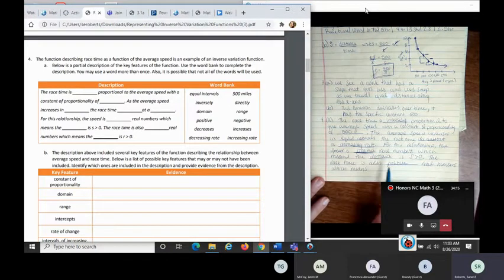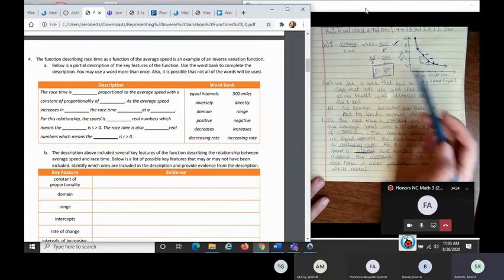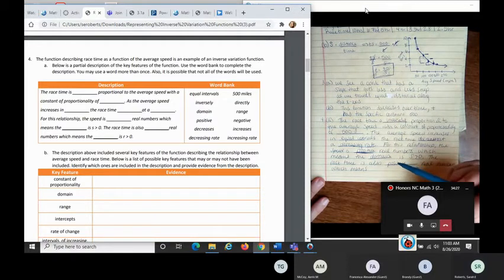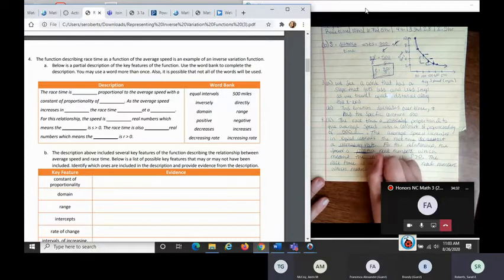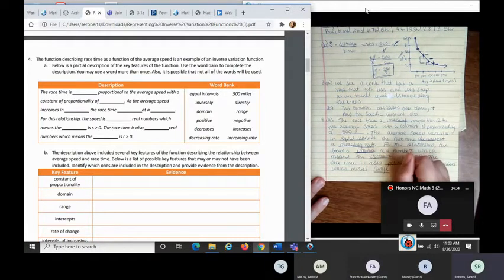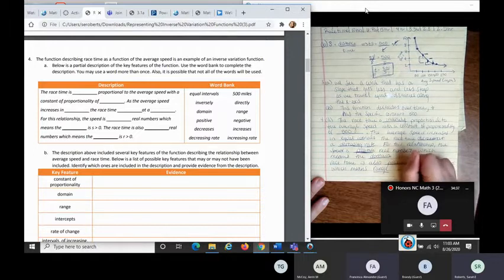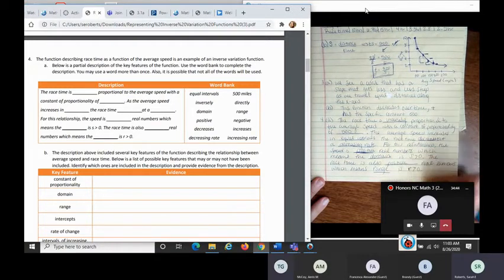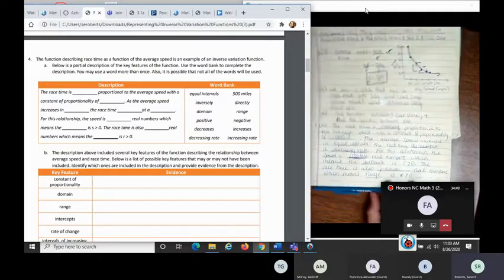If speed is our input, and those are our domain, time is our output. That's what we get out of the function. So what's the opposite of the domain? Range. Yeah, the range is R. I guess we used R for time greater than 0. Okay. All right, so that should be that sentence.